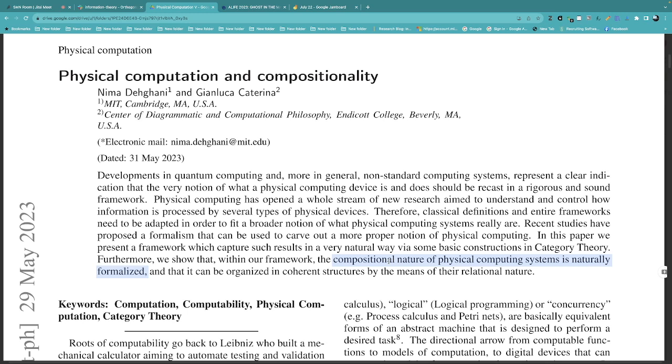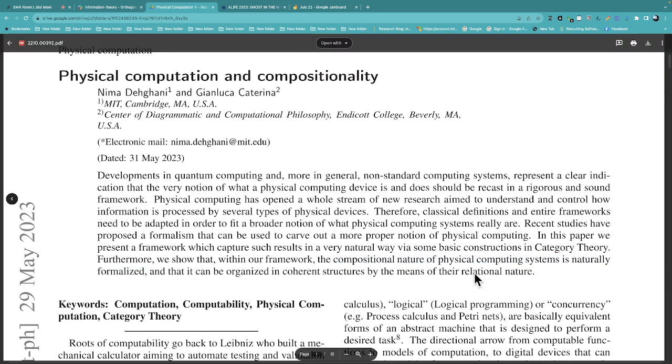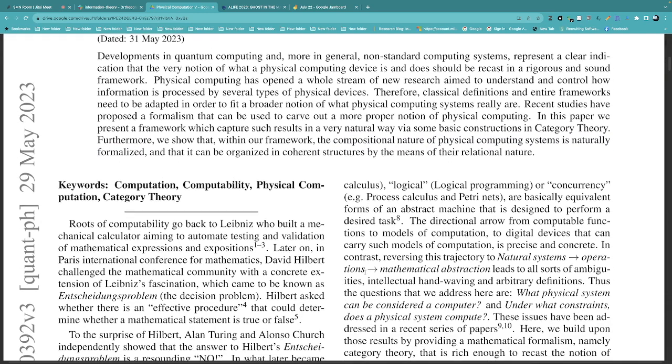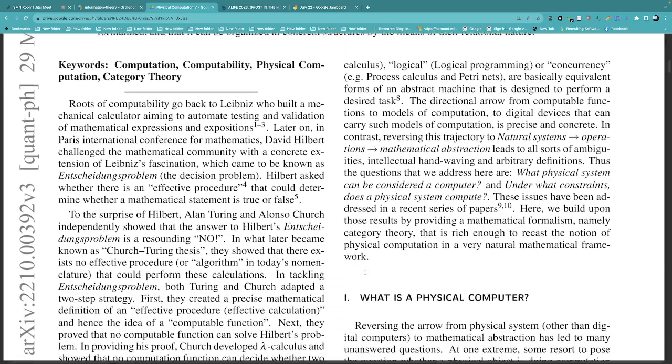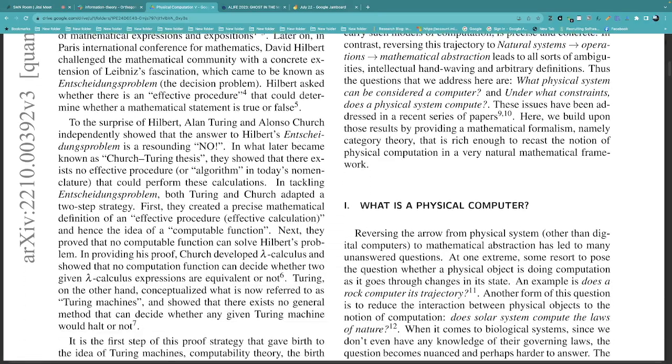That's physical computing if you apply it not to bits, but to the physical world. So you can have this compositional system in the physical world, and it follows computational rules in the sense that it's doing a lot of things that a computer would do. And then it can be organized in coherent structures by means of the relational nature. So this is where they get into what a physical computer is.